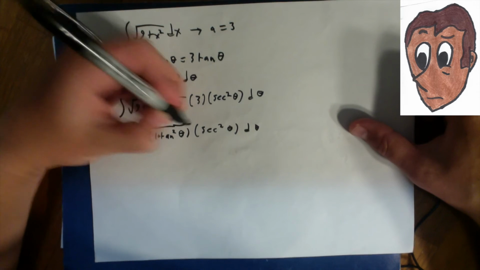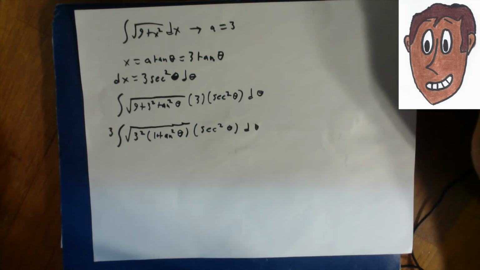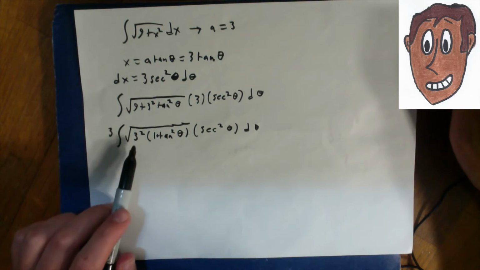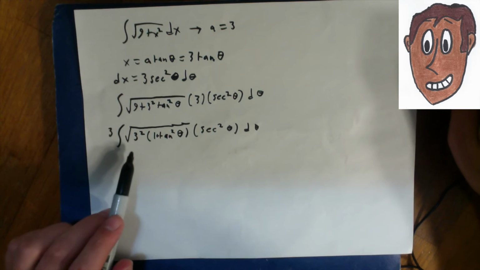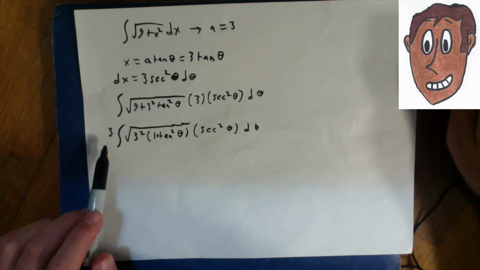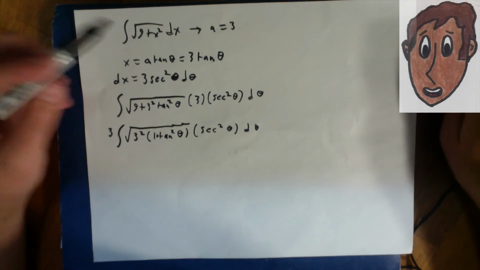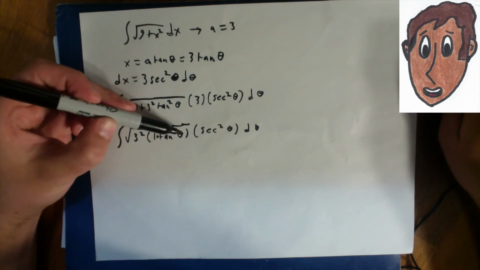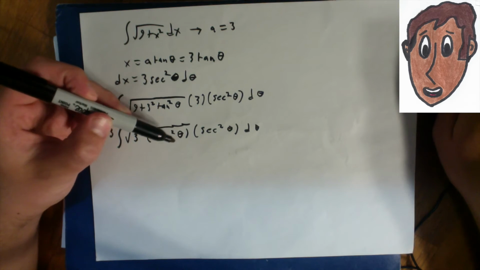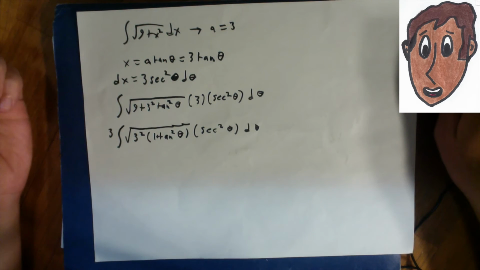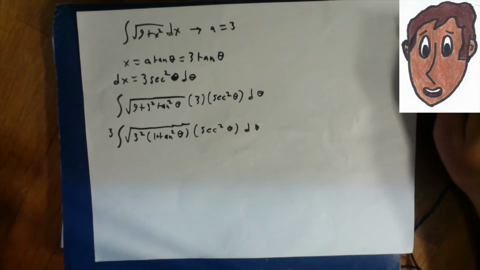So I look at that and I say, okay, this is good. I can pull out the 3 squared because square root of 3 squared is just 3, and I'll pull that out of the integral. And using my trig identity, I can replace 1 plus tangent squared with a secant squared. So let's rewrite this.